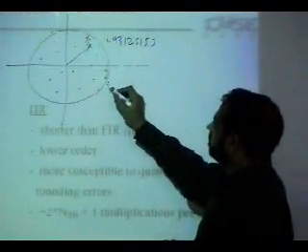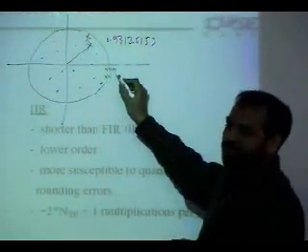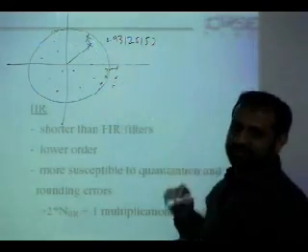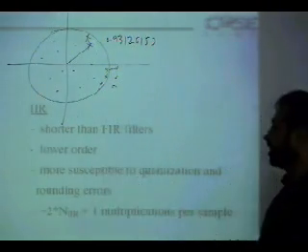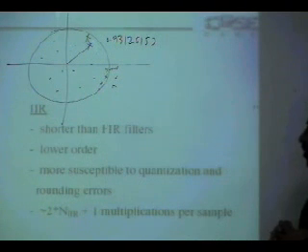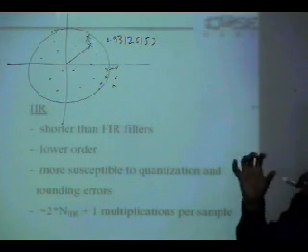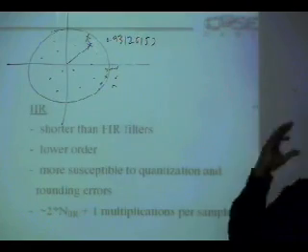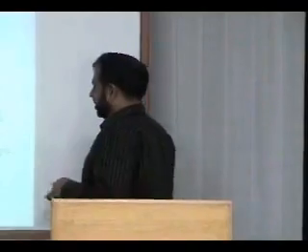A pole may even move outside the unit circle. So that is what it says: more susceptible to quantization and rounding errors, because a few poles are controlling everything, the stability and the frequency response, but less number of multiplications for sure.